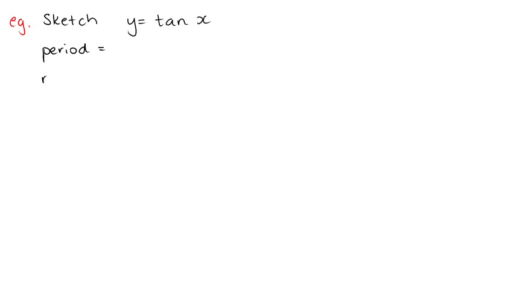We don't really need to find the range because we know that it equals R. We need to find the asymptotes. Let's say from -2 pi to 2 pi, otherwise we have to draw an infinitely long graph. Right, so asymptotes and x-intercepts.